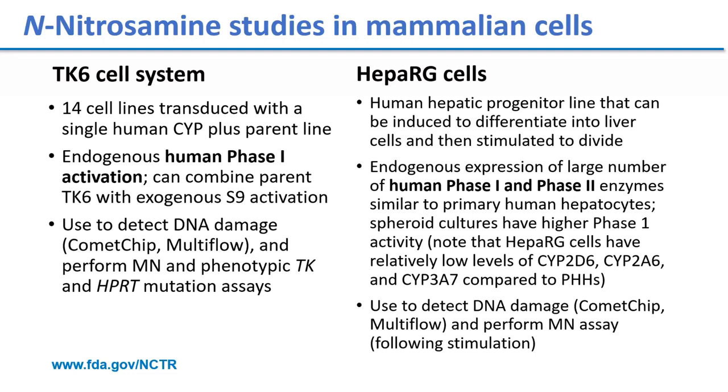And as it turns out, I've listed them here, this could impact HepaRG cells' sensitivity to some nitrosamines. We've used the HepaRG system to evaluate DNA damage with COMET and multiflow, perform the micronucleus assay, and we have some promising results performing mutation studies with these cells using error-corrected next-generation sequencing.